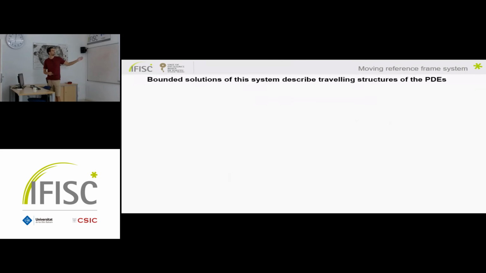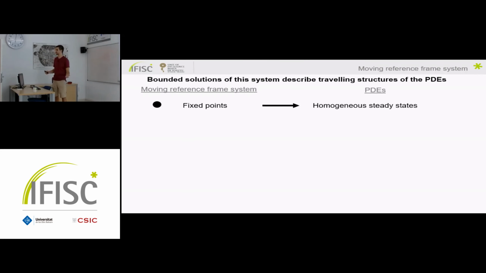And well, as I told you, solutions of this system will describe the traveling structures, and I'm going to give some of them that I will use in the next slides. For example, a fixed point in the moving reference frame system, that is a point that does not change in space nor in time, will be a homogeneous steady state, a homogeneous state that does not change.